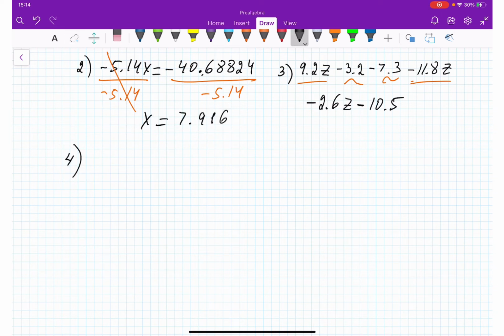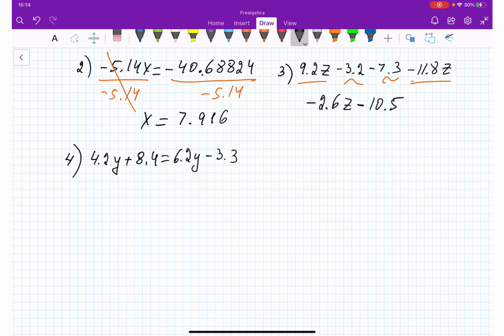Okay. So solve the equation. 4.2y plus 8.4 equals 6.2y minus 3.3.